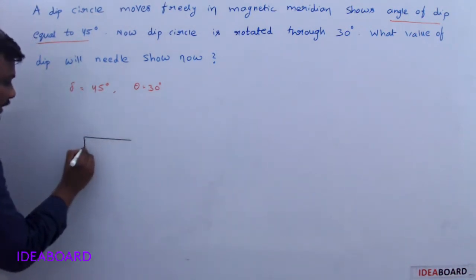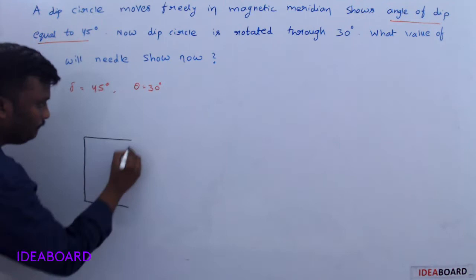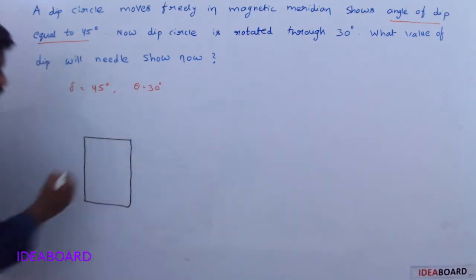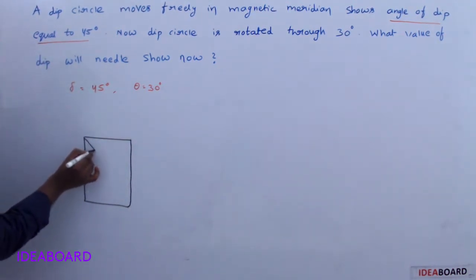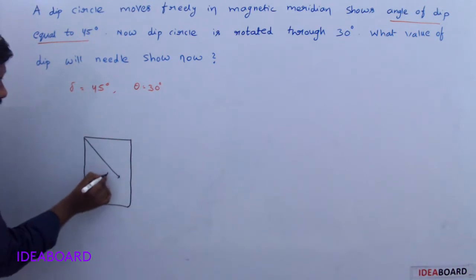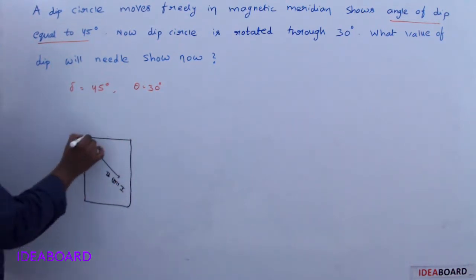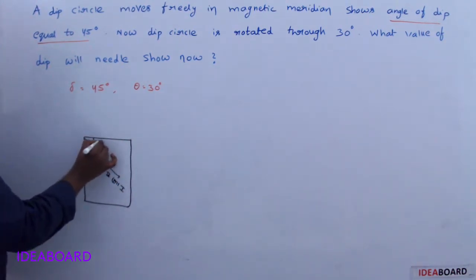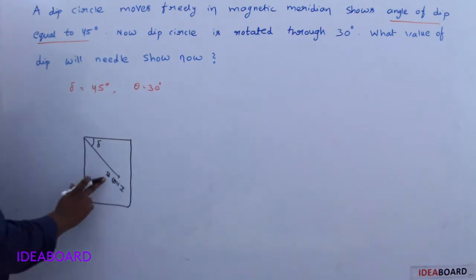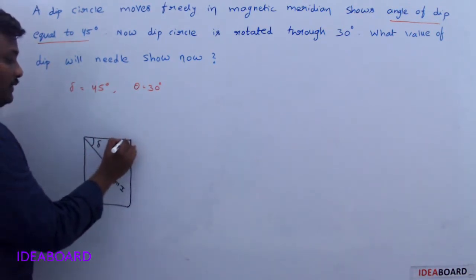In the magnetic meridian, this is the resultant magnetic field induction of the earth's magnetic field. It is also denoted as I, and this is the angle of dip delta. B is resolved into two components.